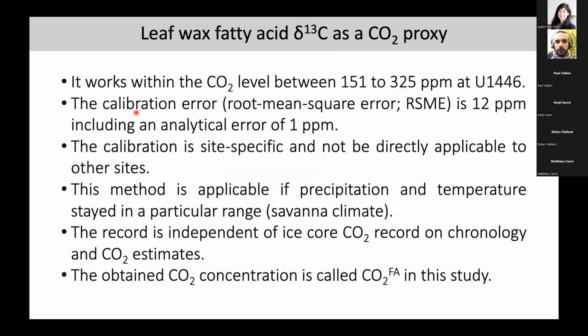The calibration error is 12 parts per million. The calibration is site-specific and not applicable to other sites. And this method is applicable if precipitation and the temperature stayed in a particular range. The record is independent of the ice core CO2 record. The obtained CO2 concentration is called CO2 FA in this study and in our paper.